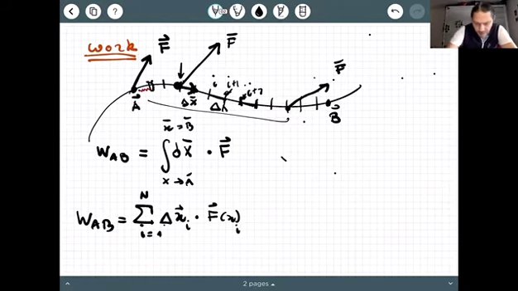So there are n of them. Now, if you have chosen this little displacement to be short enough so that the force would be almost constant within each of these small segments, you will realize something interesting is going to happen.